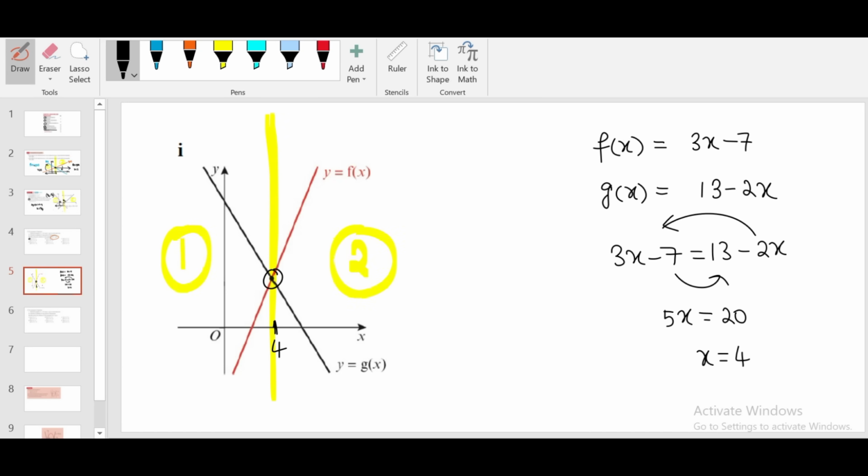So in which region f of x is less than or equal to g of x. In other words, the graph f of x is below g of x. F of x is below g of x in region 1, so the corresponding x values are x is less than or equal to 4. That's all. That's how we solve these questions.